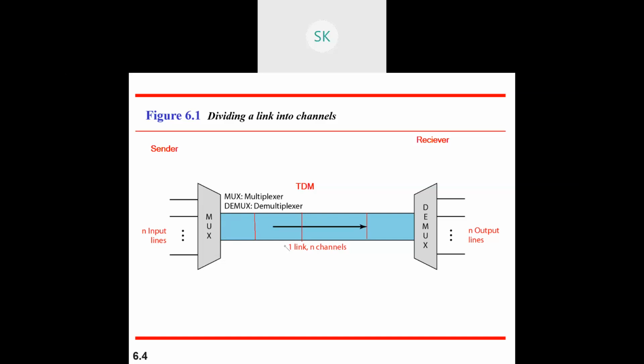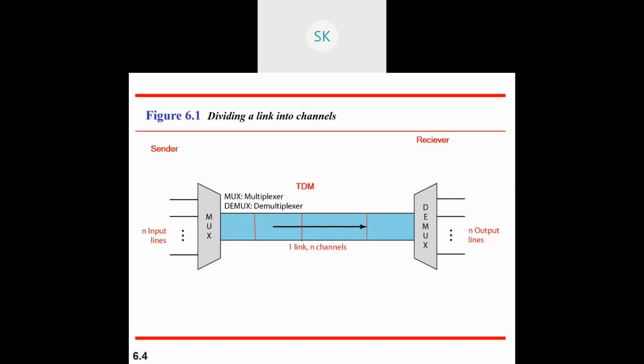So if you have an analog signal to be transmitted, then we will always go with frequency division multiplexing. Or else you can go with wavelength division multiplexing. Whenever analog signals come into the picture with respect to your transmission medium, at that time you can go with frequency division or wavelength division.